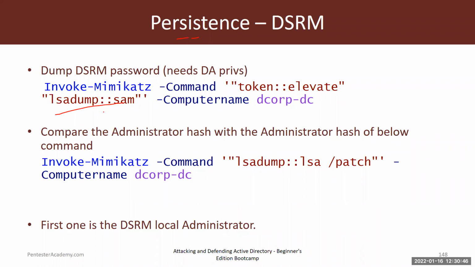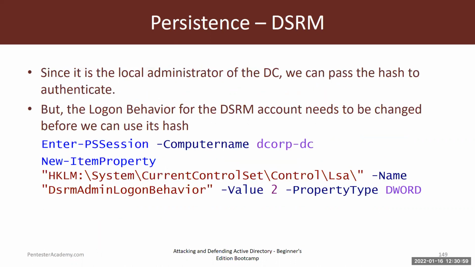Once we have the NTLM hash of that DSRM administrator, we can use pass the hash, not overpass the hash. However, this user is not allowed to log on remotely. So you have to make changes to the DSRM admin logon behavior registry key and enable network logon for that user.